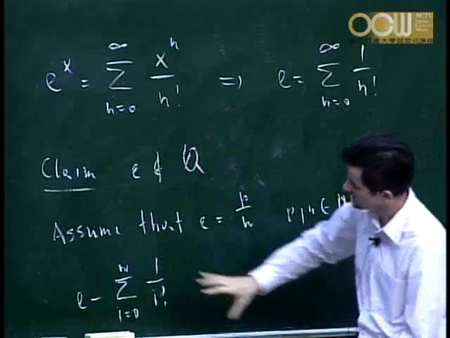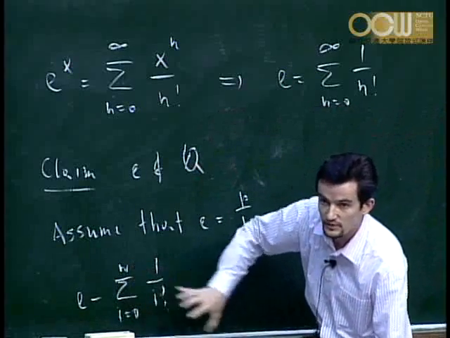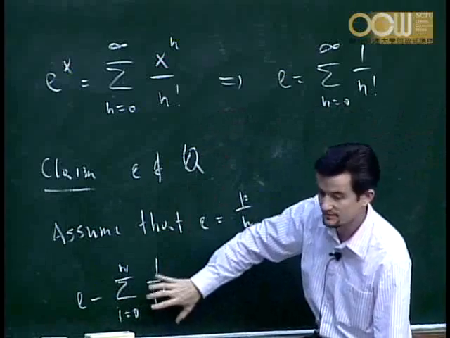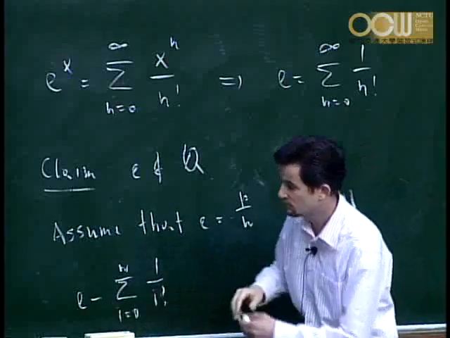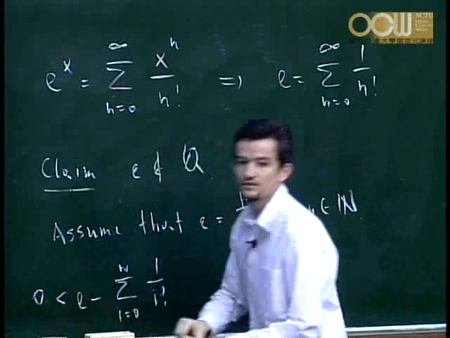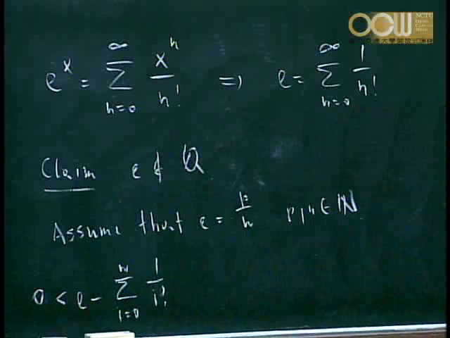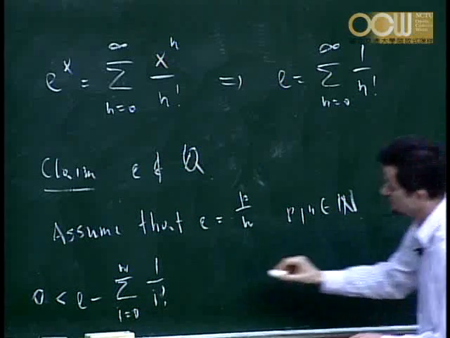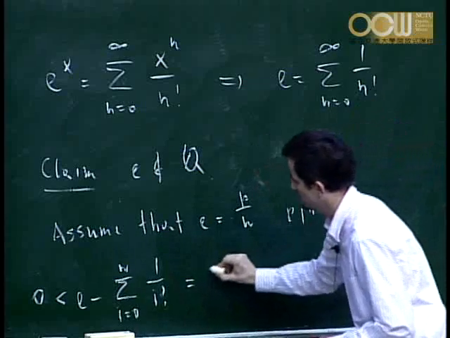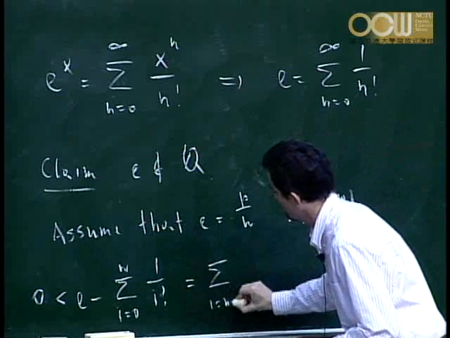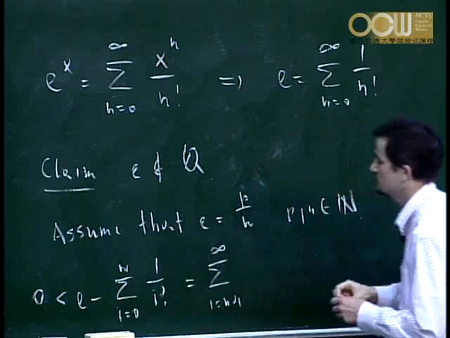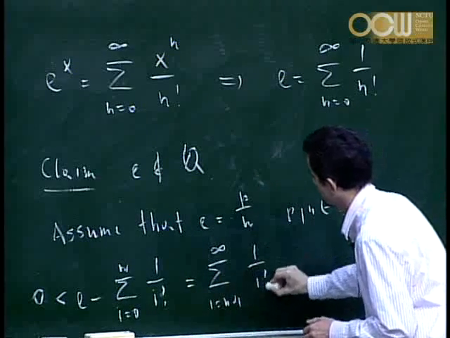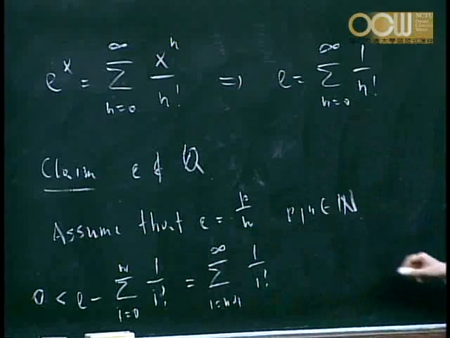Now, because we know that this identity here holds, in particular we see that this sequence is strictly increasing to E. It's getting larger and larger, and finally reaches E. So this must be larger than 0. Now, this is also equal to the sum over i from n plus 1 to infinity of 1 over i factorial. So let's write out some of the terms.